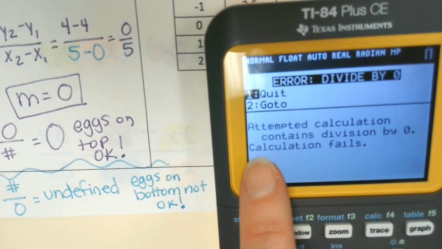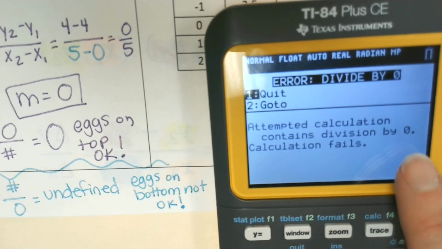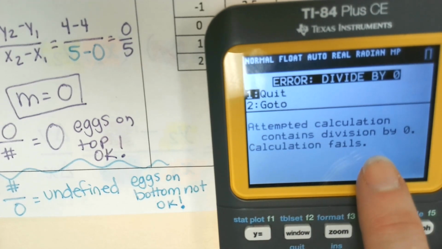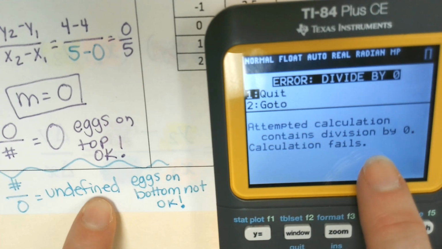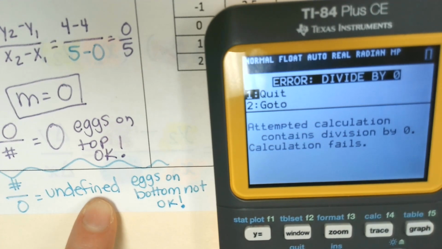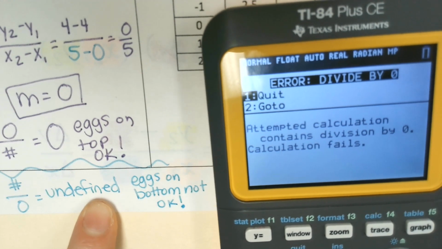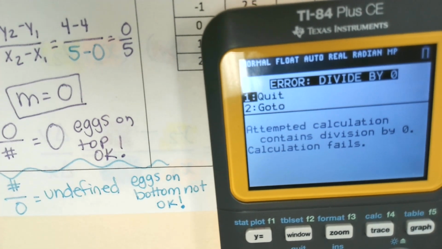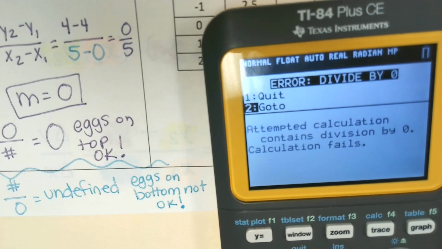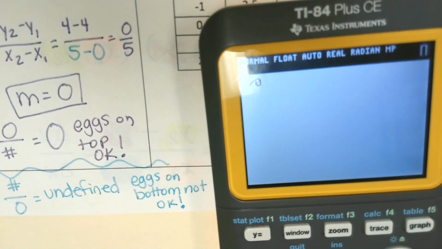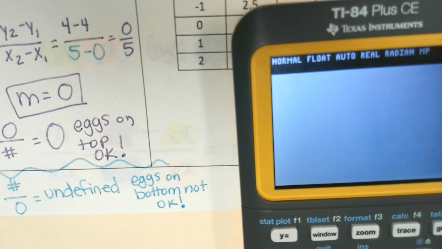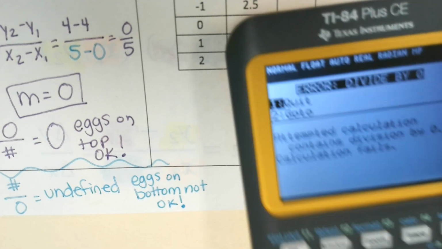It says attempted calculations contains division by 0. Calculation fails. So that's what it means, and that's what it's going to look like if it's undefined. So it's whenever you divide by 0 that happens. It becomes an error.